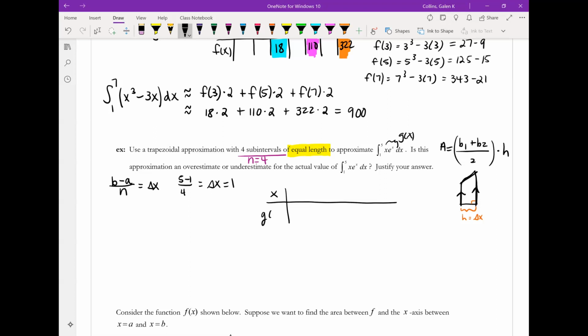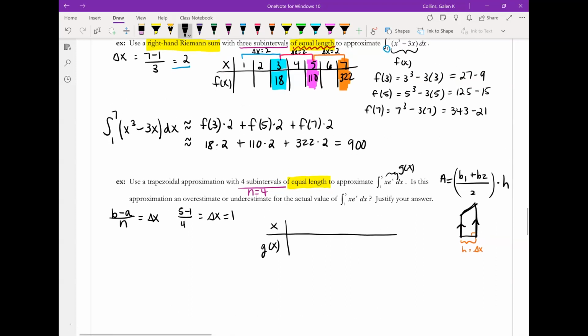I'm going to start with filling in all of the numbers from 1 to 5. The only time I would include fractions, for example, is if my delta x were less than 1. So since it's 1, I'm just going to fill in from 1 to 5. So 1, 2, 3, 4, 5.